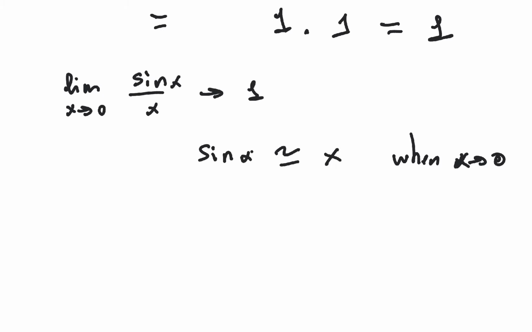So sine of x is a function like this. 1 is this function sine of x. And the graph of y equal x is this function. Let me do it in another color, is this function, y equal x.